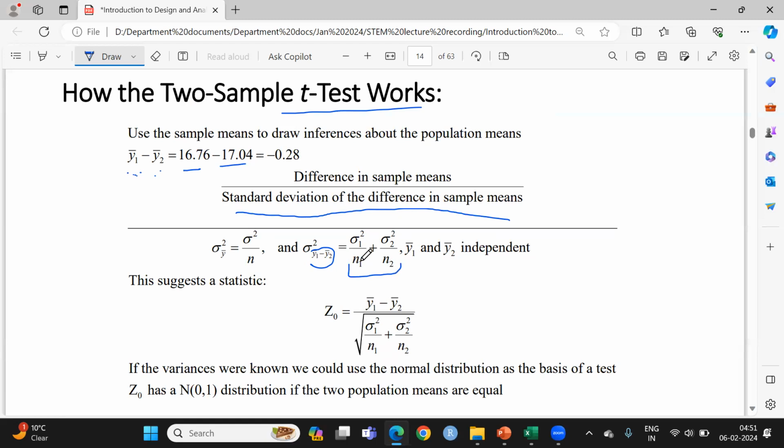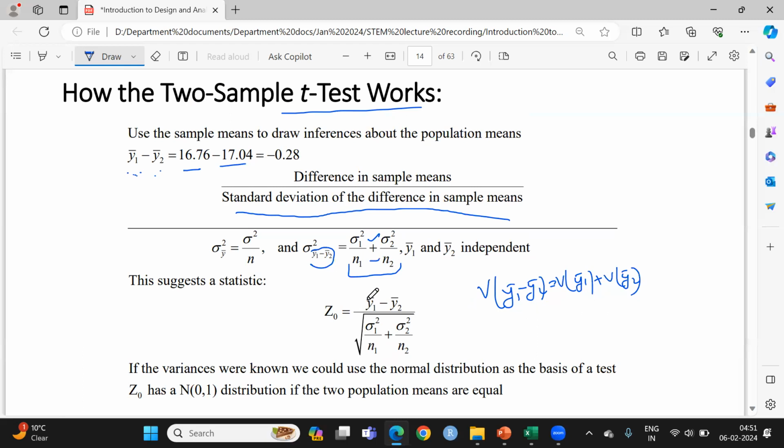It doesn't mean that because we are taking the difference of sample means, it must be negative. It is always positive, because there are a few properties of variance: while taking the variance of the means of two groups, it comes out positive, under the assumption that they are independent of each other.